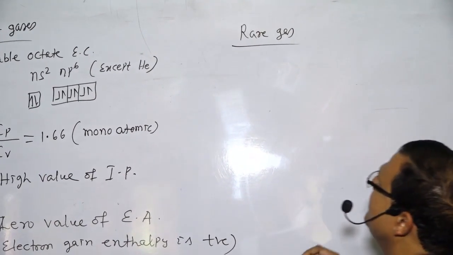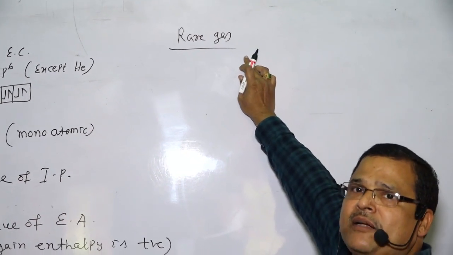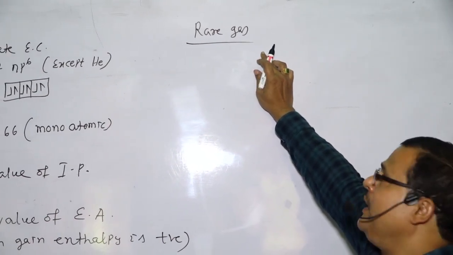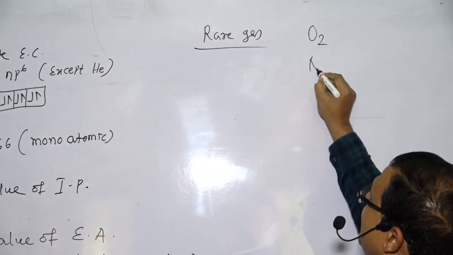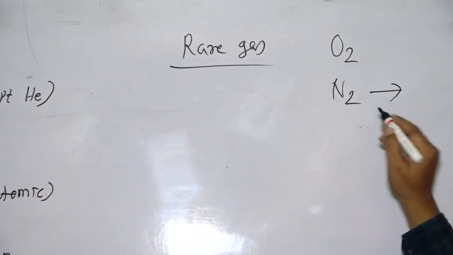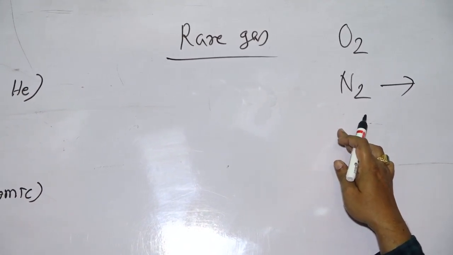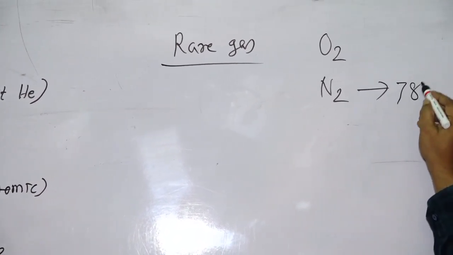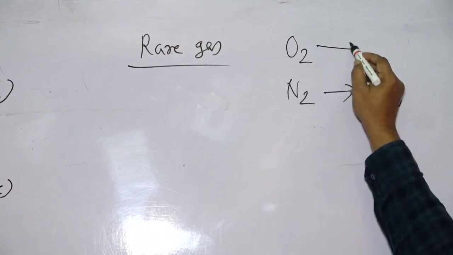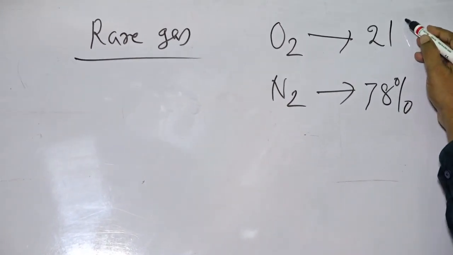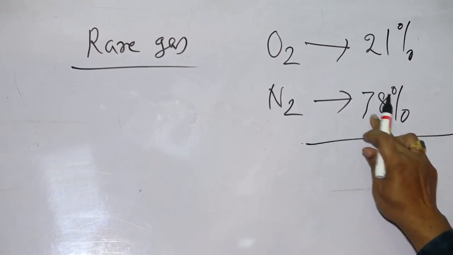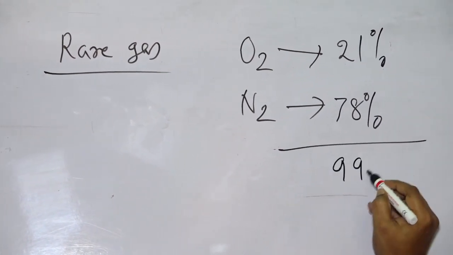Rare gas means that it is least abundant in the atmosphere. Nitrogen is present in the atmosphere in the largest amount, about 78%, and oxygen about 21%, so together they are found to be 99%.